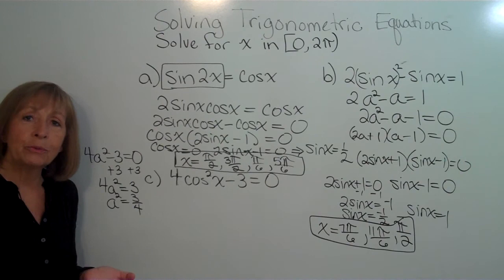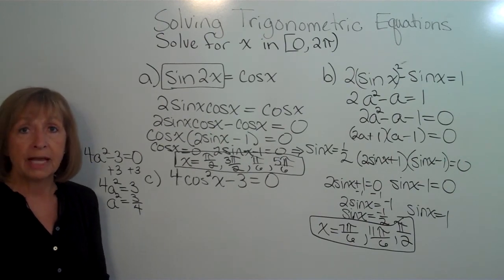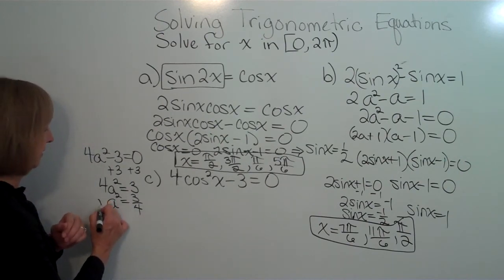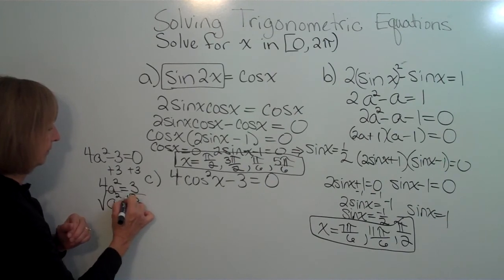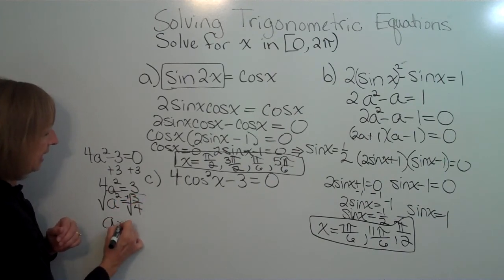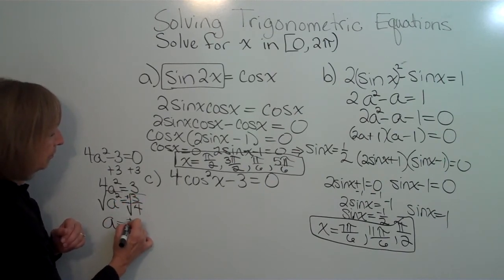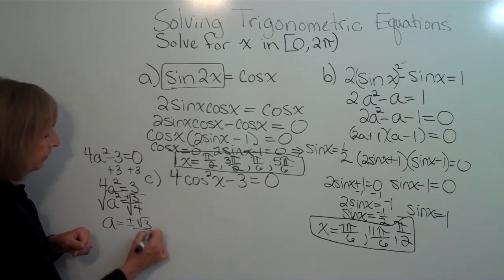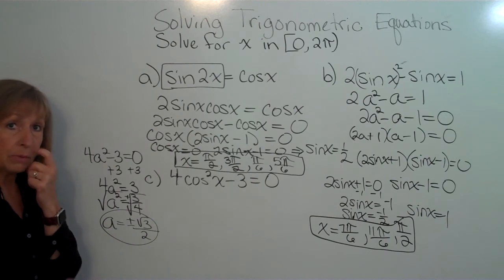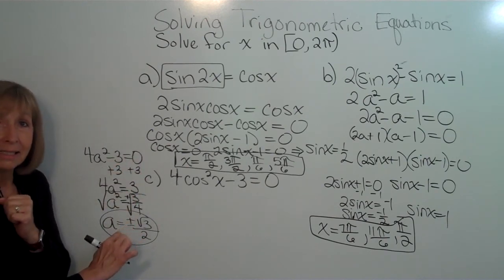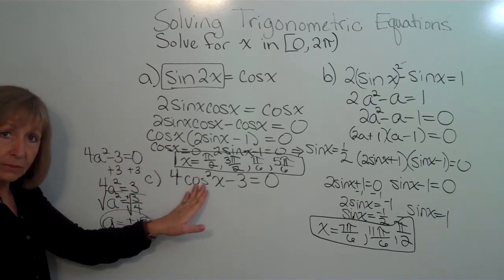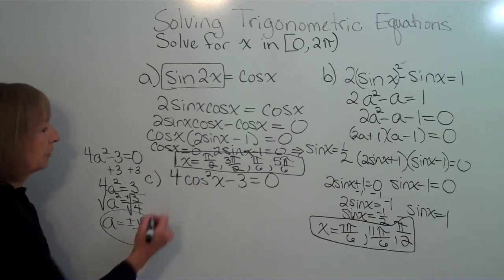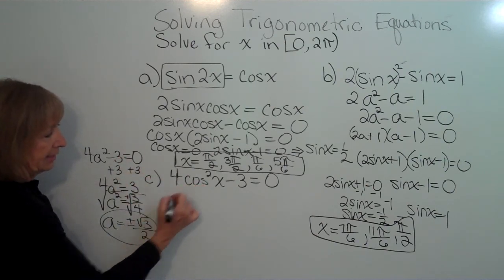And then take the square root of both sides. And when you take the square root of both sides, you have to remember your plus or minus. So a is equal to plus or minus the square root of 3 over the square root of 4, which is 2. That's what I would have gotten if it were a. But it's cosine squared x that we have here, so we're going to shadow these steps.